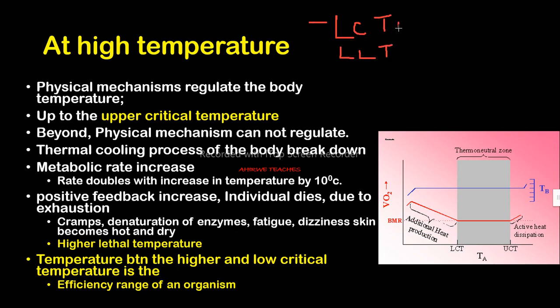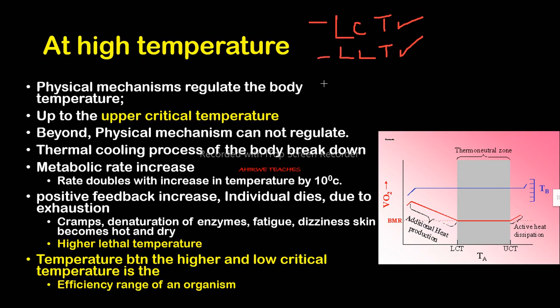We said this is the temperature at which the physical barriers, the insulation mechanism, can no longer maintain the body temperature constant. And then the lower lethal temperature, we have said that it's the temperature at which the organism dies. That low temperature beyond which the body's metabolism stops and the organism can no longer maintain its body temperature constant, and the organism, boom, shuts down.